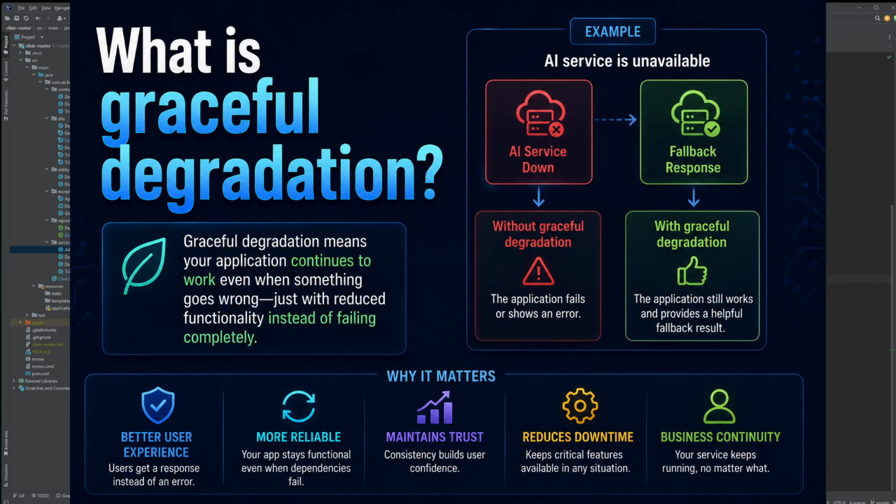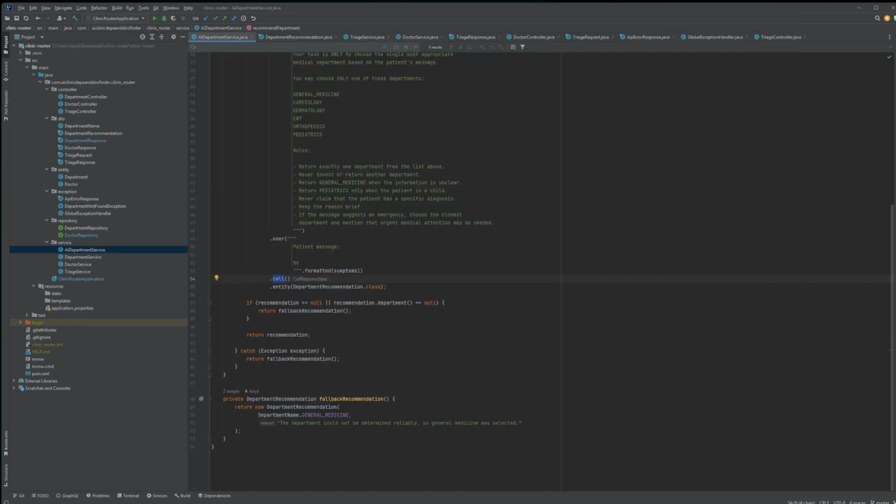What is graceful degradation? Graceful degradation means the system continues to provide a reduced but valid result when one component fails. So in my project, if DeepSeek fails, for example, the fallback recommendation gives me a general medicine answer.